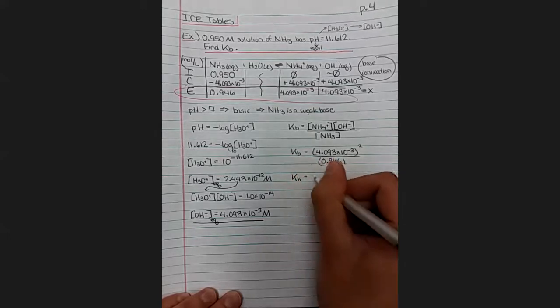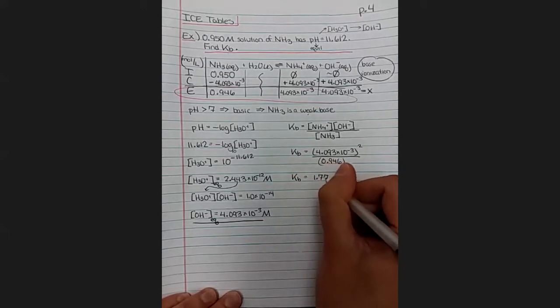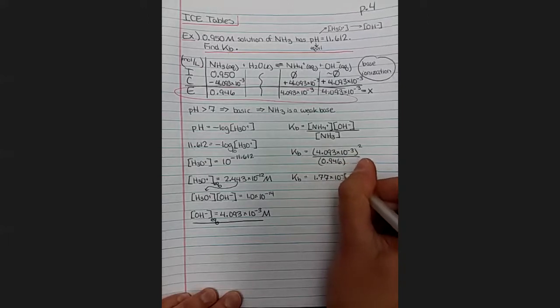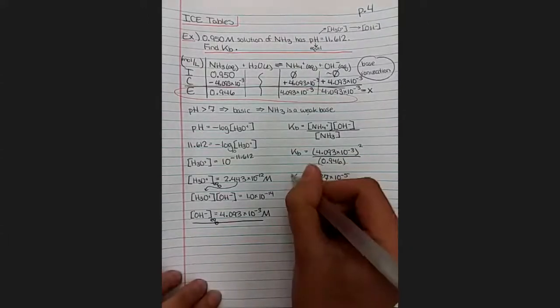Math happens here. Should arrive at 1.77 times 10 to the negative fifth.